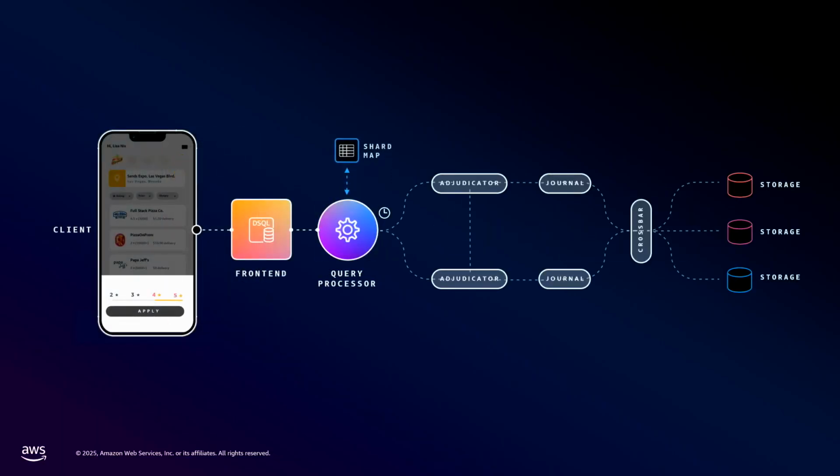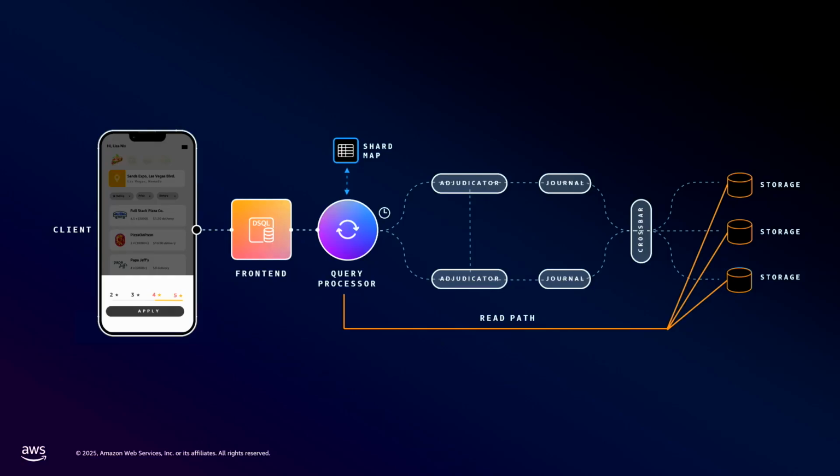Now the read-only transaction begins. The storage is automatically and transparently to you as the user sharded based on shard keys. The query processor reads its local shard map to understand where the data is located, and then it accesses those storage nodes directly.